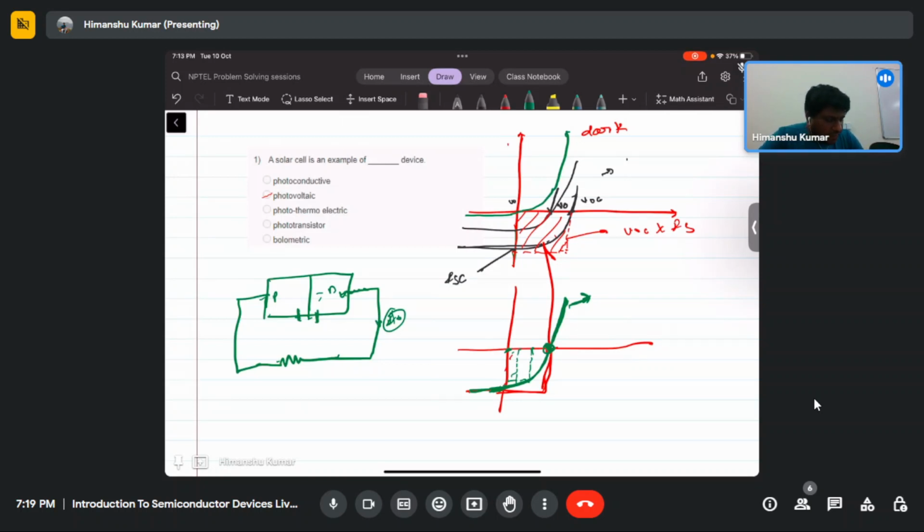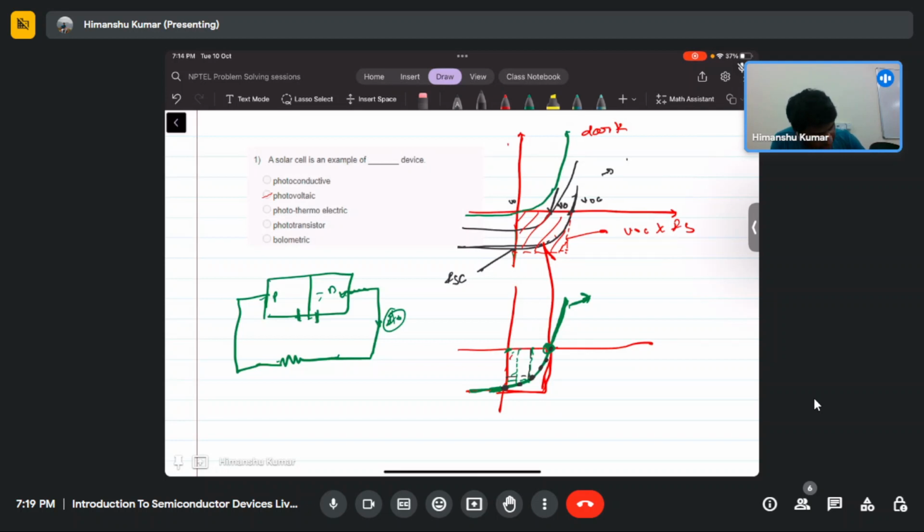Whatever diode you have fabricated, this extreme is decided. Now the operating point is decided by how much load you have connected, or how large a current you are drawing. Based on that, you will operate at one of the operating areas, which is decided by the circuit parameters. If you are drawing this much current, then this operating voltage will be there.